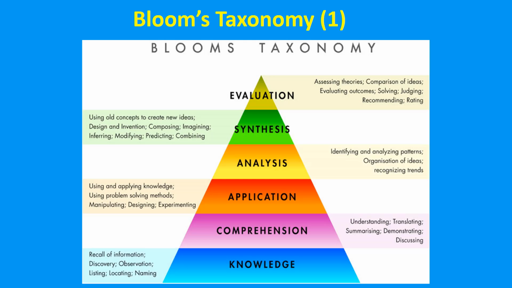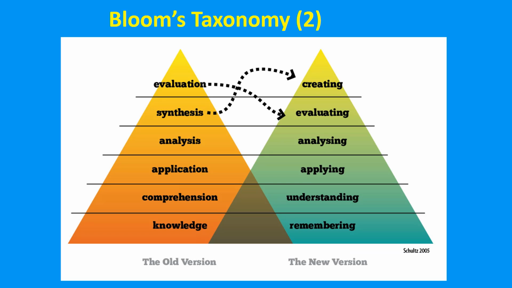So, for example, verbs such as define and list test the recall of factual knowledge, whereas verbs like explain, debate, demonstrate, or evaluate address higher levels of this pyramid. You could go back to the learning outcomes for this presentation on slide 2 to see how these verbs are used. More recently, it has been suggested that creating something based on what was learned is at a higher level than the ability to evaluate something. Some call this the modified Bloom's taxonomy.